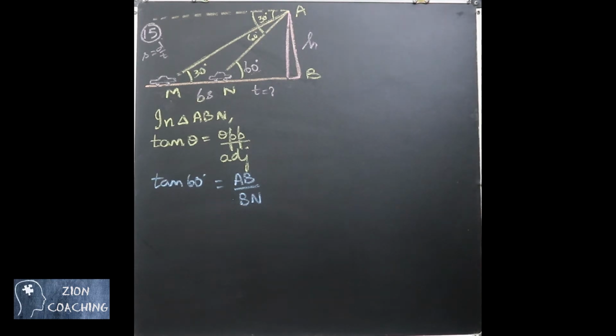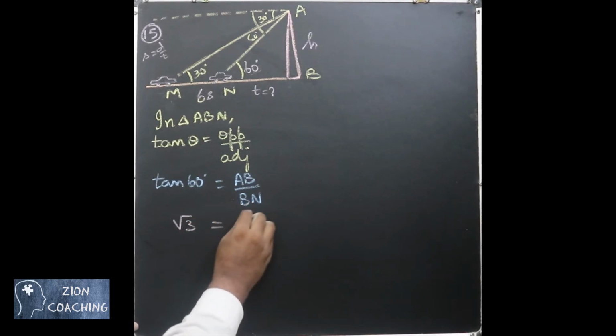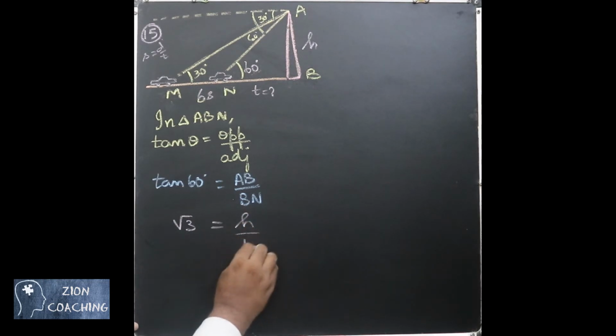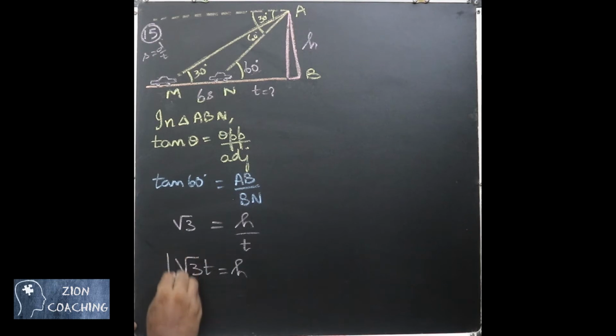Now tan 60 degrees value is root 3, so we are going to have root 3 equal to AB value, that is h, by BN, that is t. Now taking this t to the other side, we will have root 3 t equal to h. Keep this as result 1.